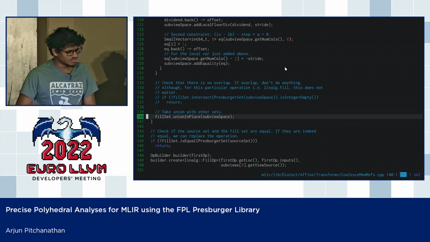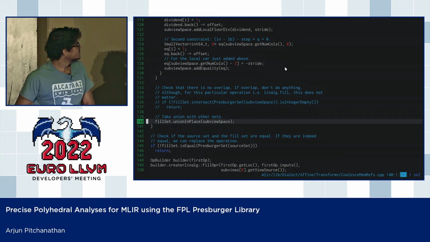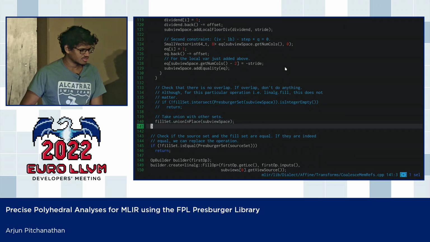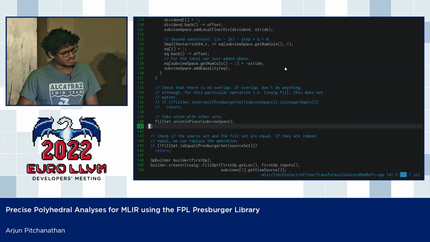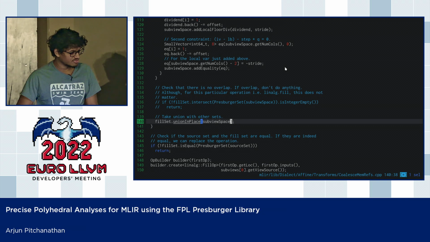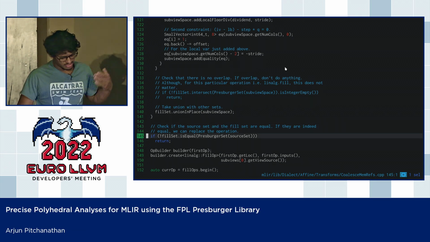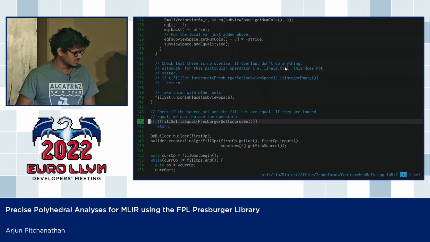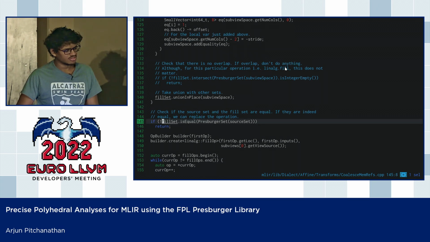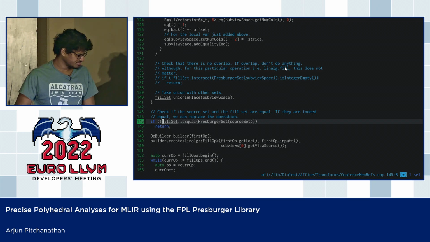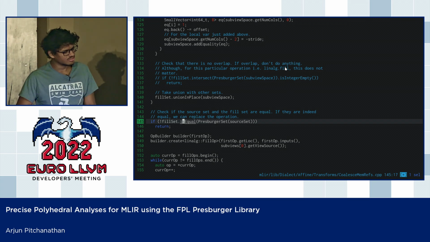And so if you reach till here, we have constructed an integer polyhedron corresponding to the set of points that lie in the subview, and we just union it into the fill set. So finally, the fill set contains all the points across all subviews that get filled, and we just need to check if that's equal to the source set, which is all the points that exist in the base array. We have the equality check in the Presburger library. We just need to call into it.